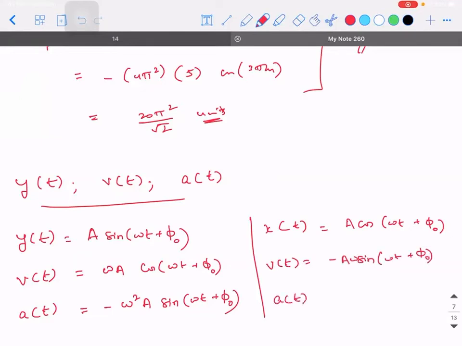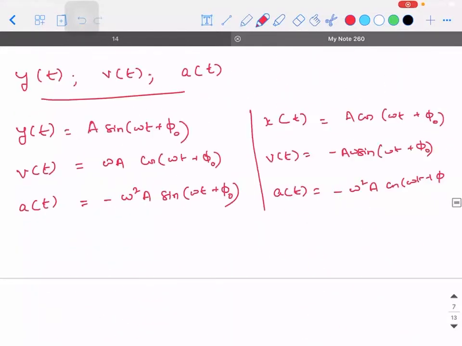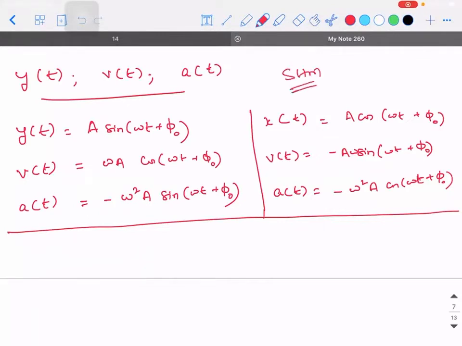Then acceleration as a function of time will be −ω² a cos(ωt + φ₀), right? So these are all the expressions that are related to the displacement, velocity, and acceleration of particles in SHM, right?